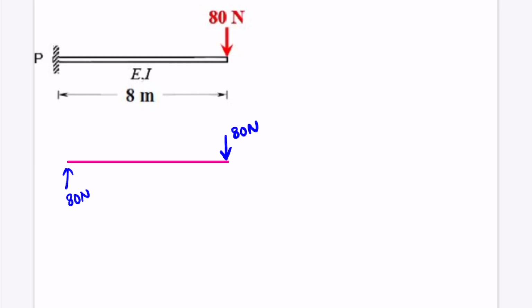The moment which will be generated due to this 80 Newton will be in this direction and the value will be 80 into 8, that is 640 Newton meter. So this is the free body diagram. From this we get the value of SP, that is the shear force at support location, as 80 Newton and the value of MP as 640 Newton meter.